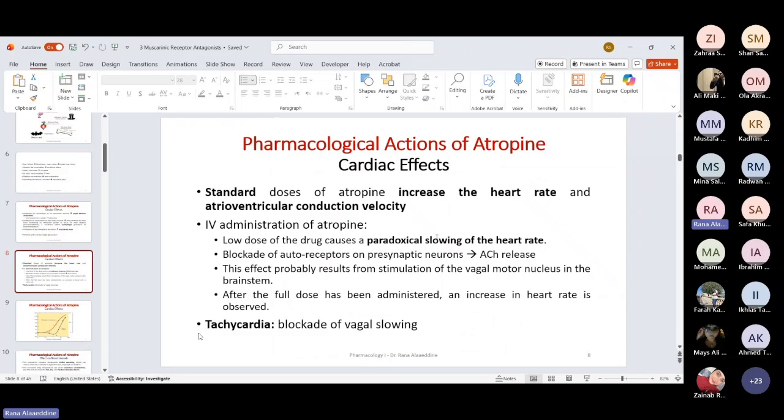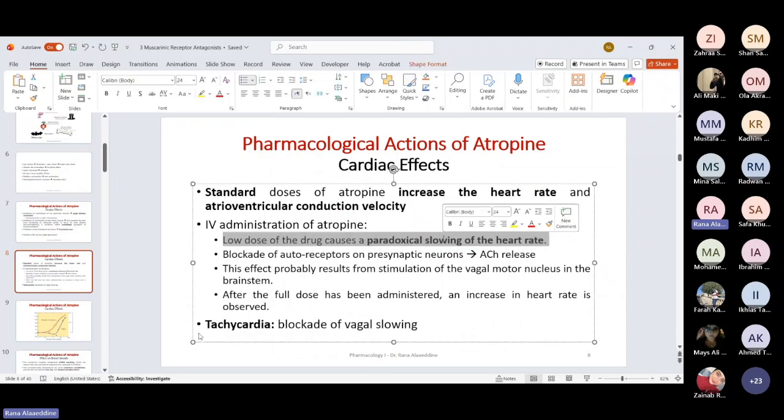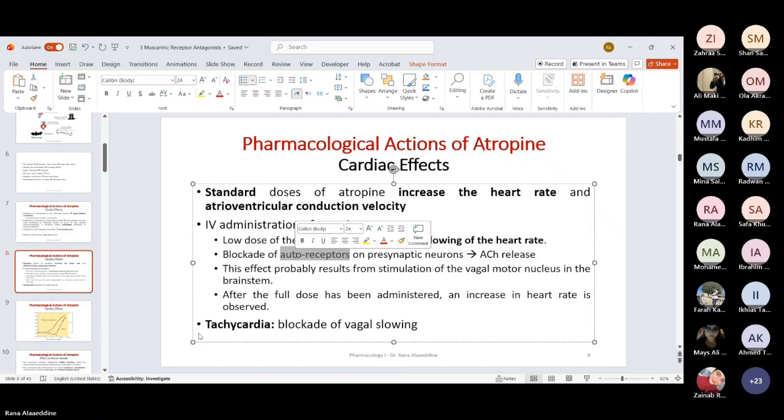That slowing of the heart rate, or bradycardia, can happen because of the blockade of autoreceptors at very low doses at the beginning. What do I mean by autoreceptors? Can someone remind me what an autoreceptor is?